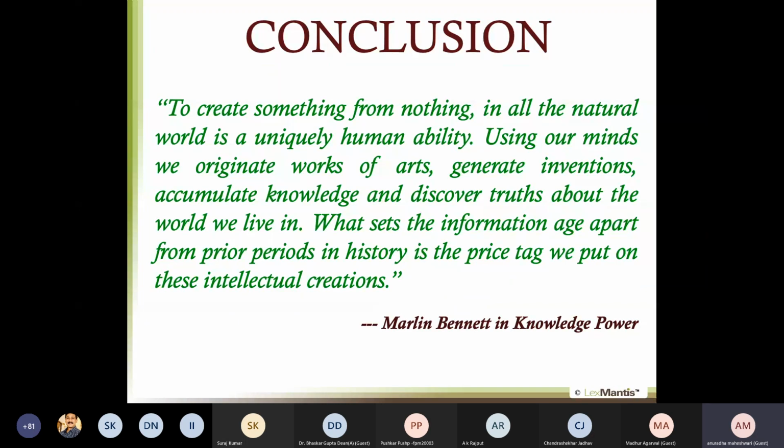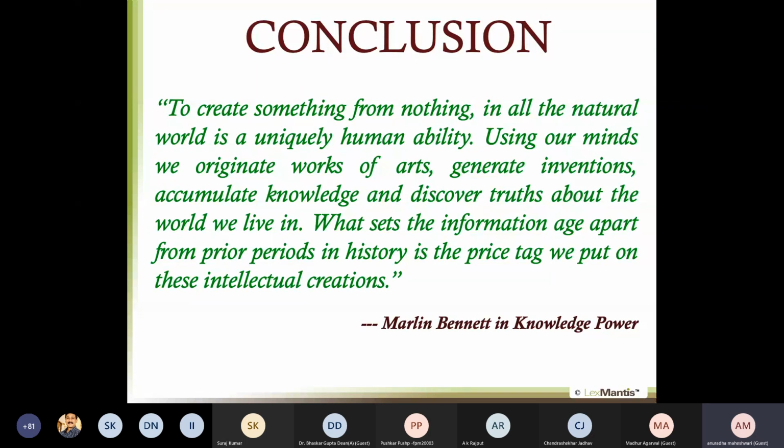In conclusion, I just want all of you to note something that I have always admired, which I read in a book long ago: to create something from nothing in all the natural world is a human ability. Using our minds, we originate works of art, generate inventions, accumulate knowledge, and discover truths about the world we live in.